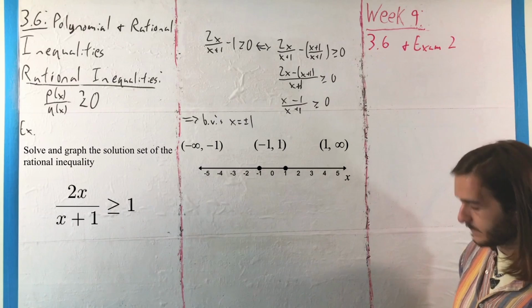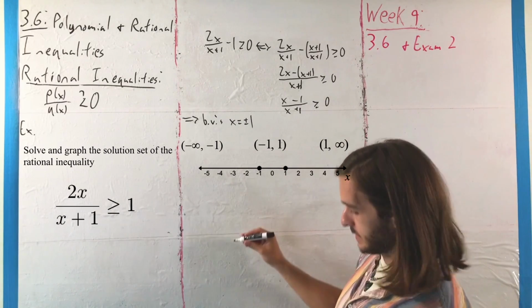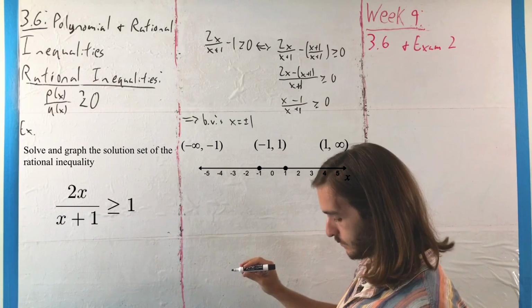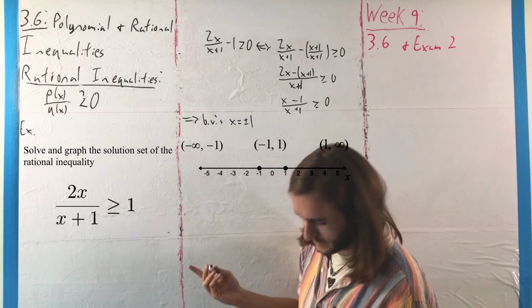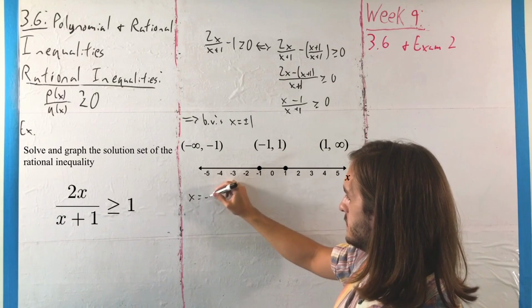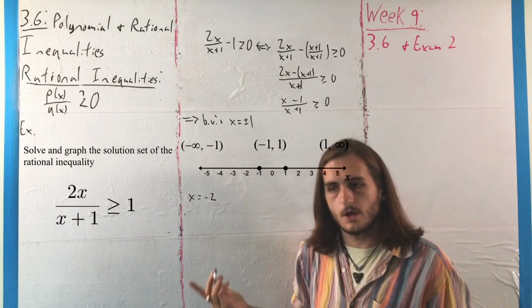In our first potential case, we are trying to go from negative infinity to negative 1. So we don't have any great options there. I'm going to pick x is equal to negative 2 because that's close.